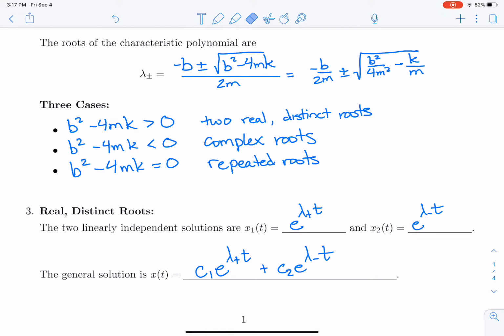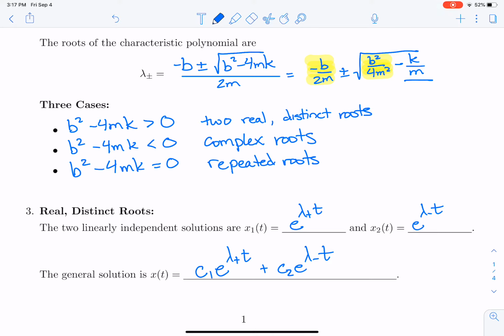Let's examine this term here. We have negative b over 2m, and then we have a square root, and notice that we have that term squared, b squared over 4m squared. And then we're going to subtract k over m.